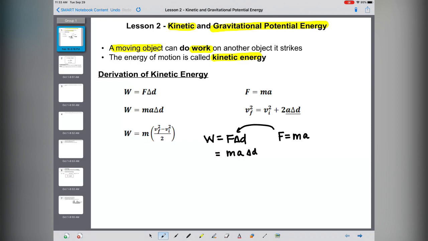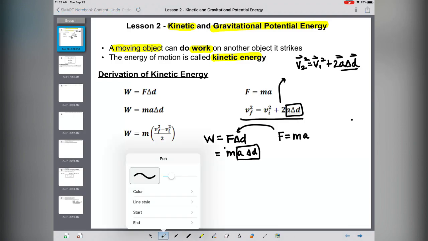And then from before, we have learned from kinematics that Vf, or V2 squared, equals V1 squared plus 2A delta D. If we were to rearrange this equation for A and D, because we wanted to replace the A and D in the equation, so V2 squared equals V1 squared plus 2A delta D. And if I'm rearranging for these, I'm going to have to bring the V1 over by minusing.